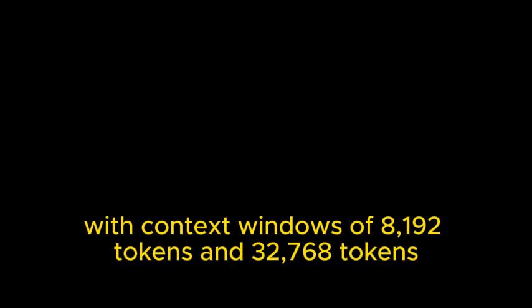OpenAI produced two versions of GPT-4, with context windows of 8,192 tokens and 32,768 tokens. Unlike the previous recurrent models, which had difficulty handling long input sequences, the transformer architecture with the attention mechanism allows the modern LLM to consider the context as a whole.